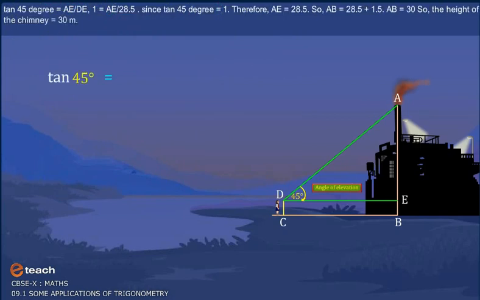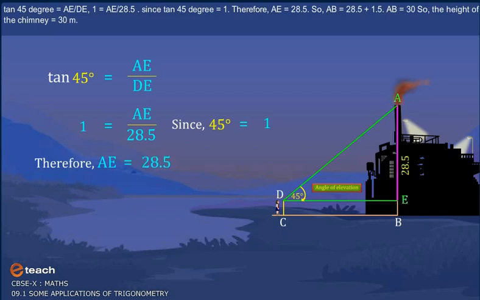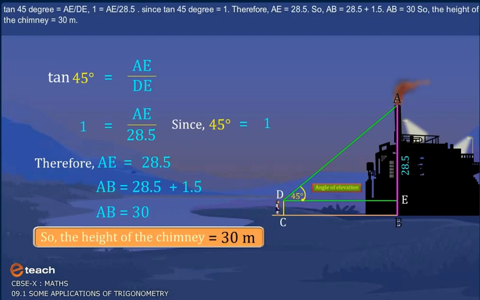Tan 45 degree is equal to AE upon DE. 1 is equal to AE upon 28.5. Since tan 45 degree is equal to 1, therefore AE is equal to 28.5. So AB is equal to 28.5 plus 1.5. So AB is equal to 30. So the height of the chimney is equal to 30 meters.